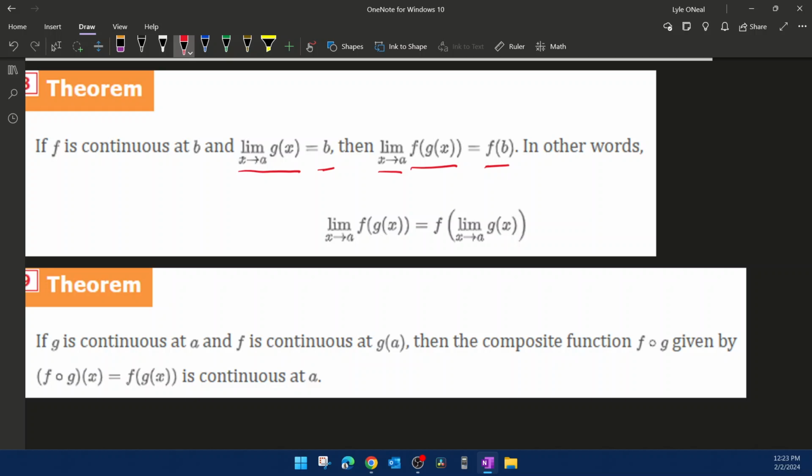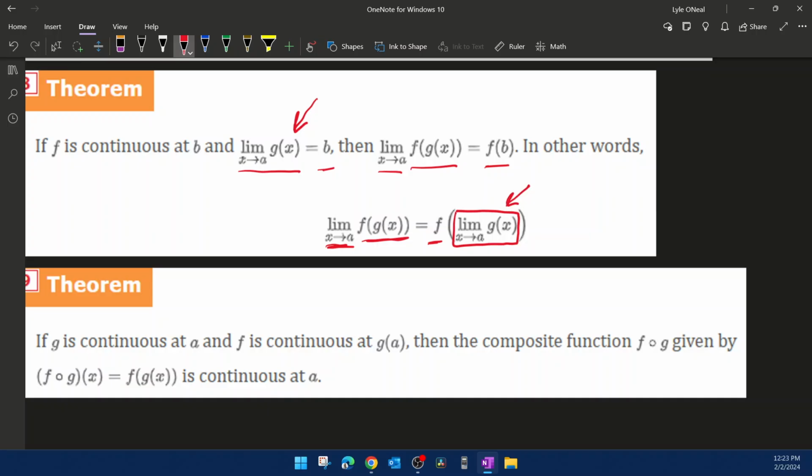In other words, if you're taking the limit as x approaches a of a composition of functions, provided that this criteria is met, you can take the limit of the inner function and then evaluate the outer function at the limit value.